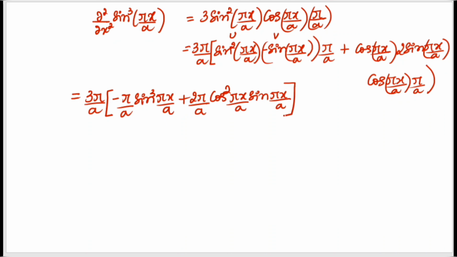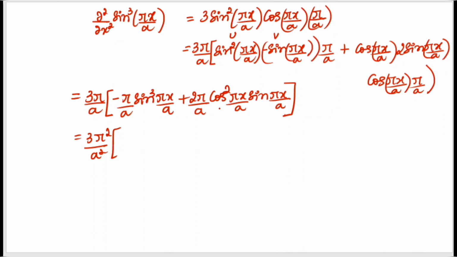Yes. Now what I can do, cos square x I can write as 1 minus sine square x, right? Because cos square x plus sine square x is equal to 1. So here I have 3 pi by a. I can take pi by a common, so it will be pi square by a squared.